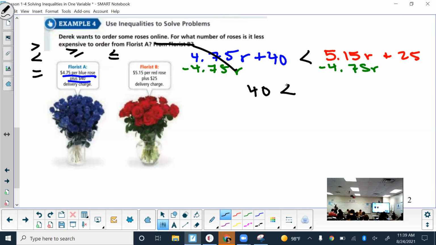We didn't do anything to make the sign flip, so we leave the sign the same. And what's 5.15 minus 4.75? 0.40r plus 25. Questions? Want to double check it on the calculator? I did it earlier, but it is 0.40r.